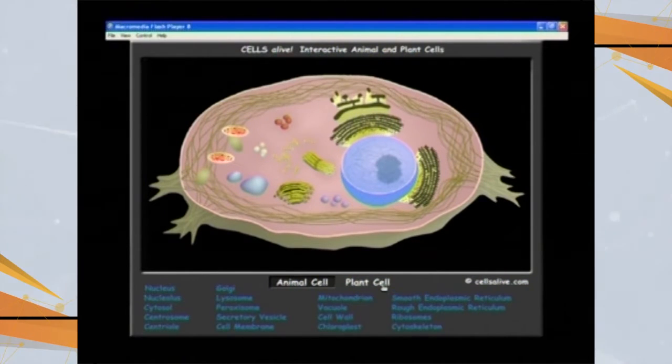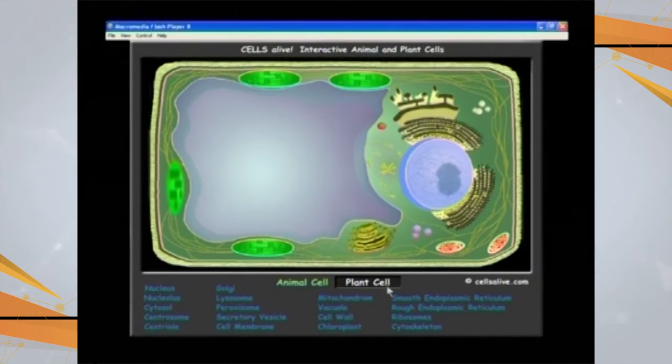Looking at the plant cell, this is a model of a plant cell. In a plant cell, the outer boundary is the cell wall. This was not present in the animal cell. Beneath the cell wall it has the cell membrane, which has exactly the same structure and function as in the animal cell.